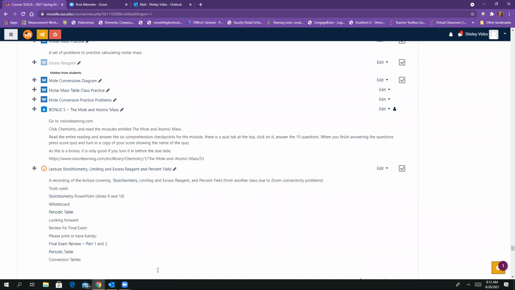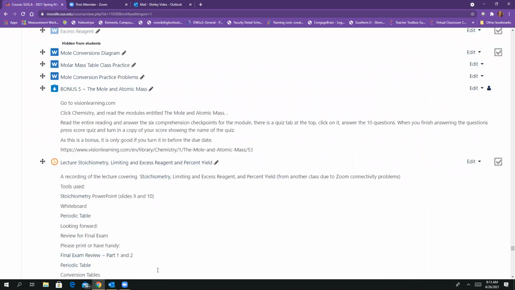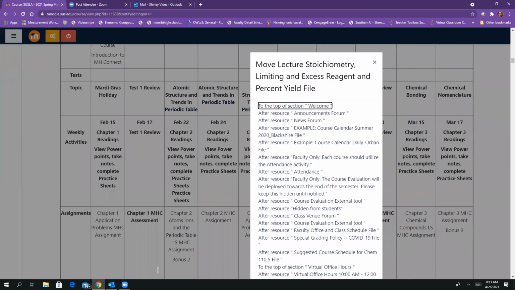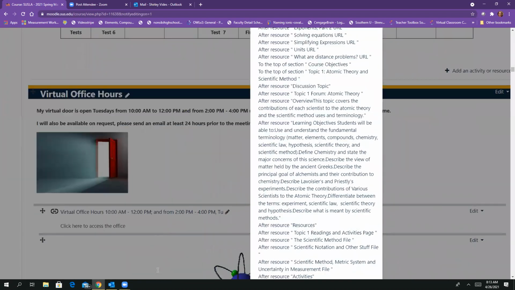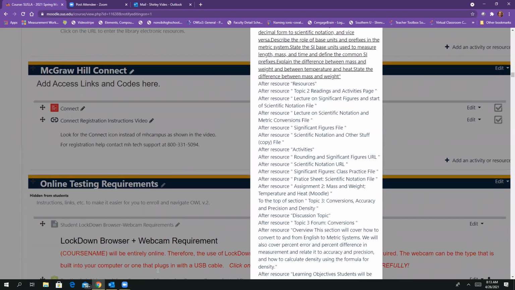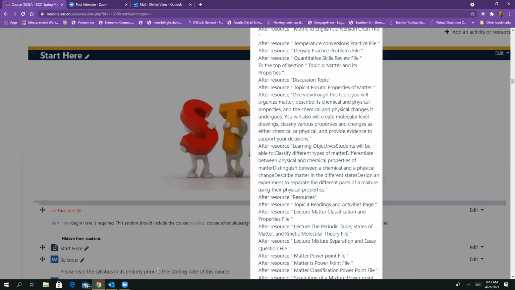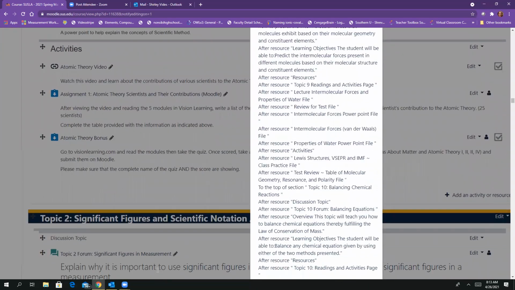Where's my mouse? So much stuff on here, it's hard to figure out where to put it.